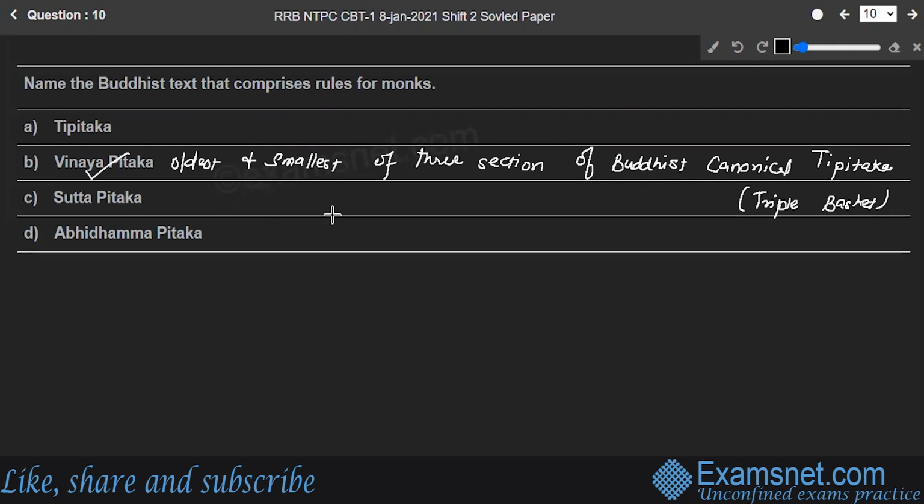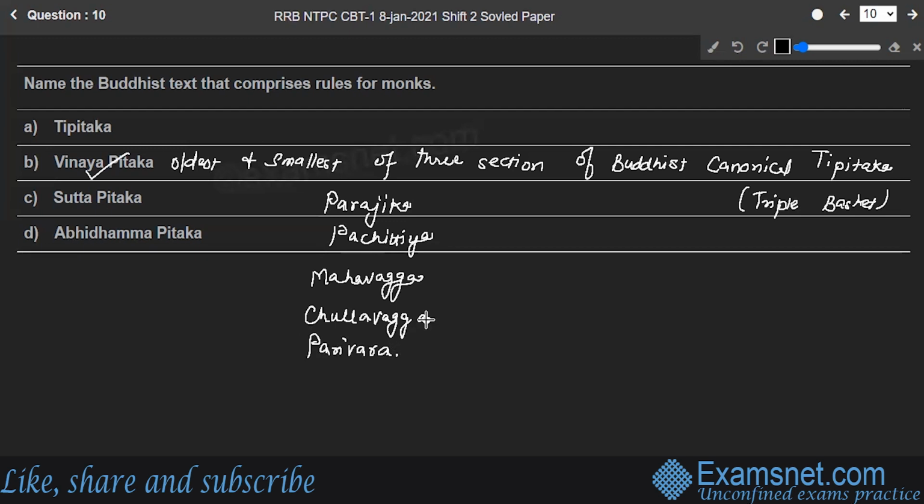It consists of 5 books, which are Parajika, Pachittiya, Mahavagga, Chullavagga, and Parivara. Vinaya Pitaka tells that there were separate wings for both men and women in the Buddhist Sangha. It tells how to behave with each other and within the society. In Vinaya Pitaka, the rules for the Buddhist Sangha are written down.